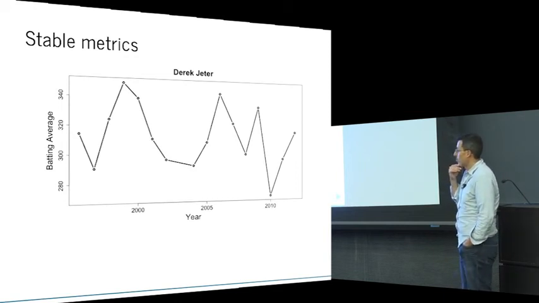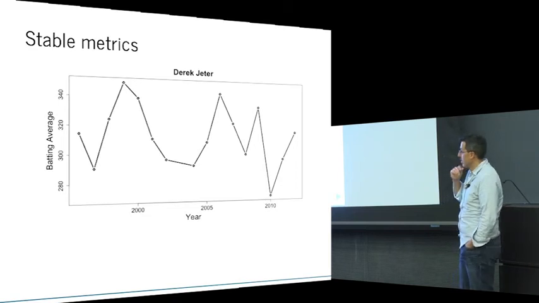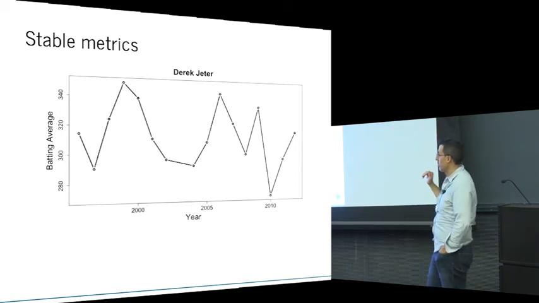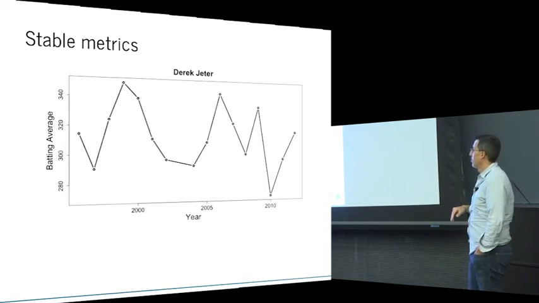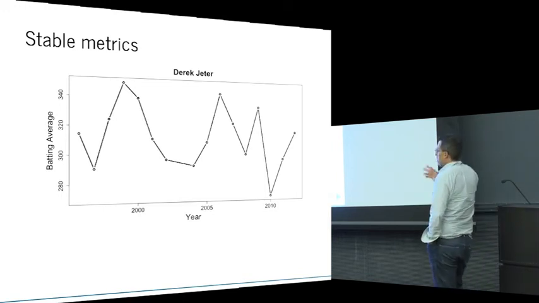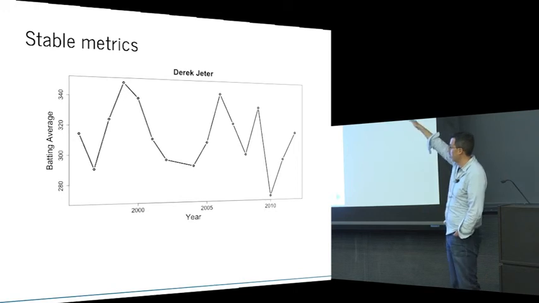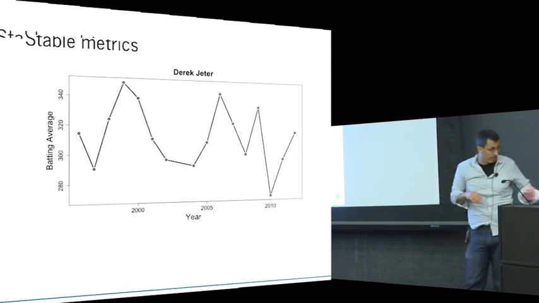You see how much that moves around? There's a lot of luck involved in hitting. So some years he was luckier than others, or some will say, oh, that year he was in the zone. Or it could just be luck. But still, he's good all over. I mean, he's always oscillating around .320. So it's clear he's a very, very good hitter.